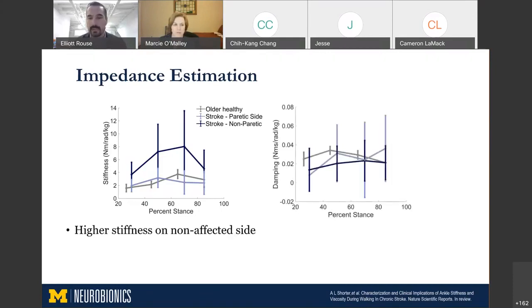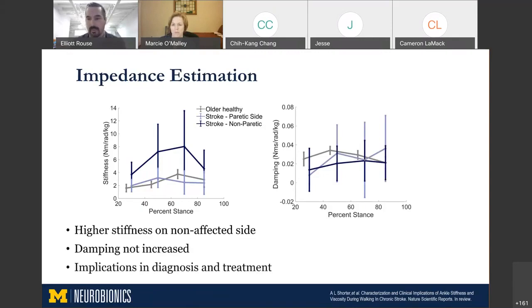For damping, we see no increases, consistent with the age and speed matched controls. And this really highlights an important point about treatment of spasticity and hypertonicity in people with stroke or cerebral palsy, where they get this information about changes to joint mechanics while people are seated and a therapist or clinician interacts with their joints and subjectively scores it while they're at rest on a measure between 0 and 4.